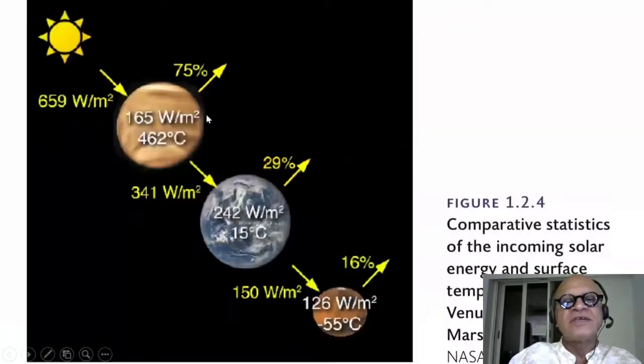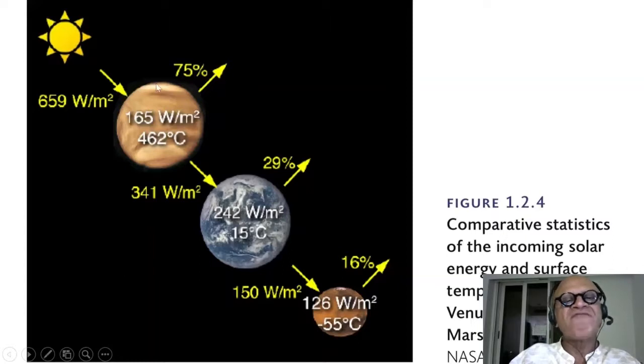Okay, the example to look at is the distance of the planets from the Sun. So there is Venus, there is Earth, and here is Mars. Venus is only receiving 165 watts per meter squared because it's completely covered in clouds.